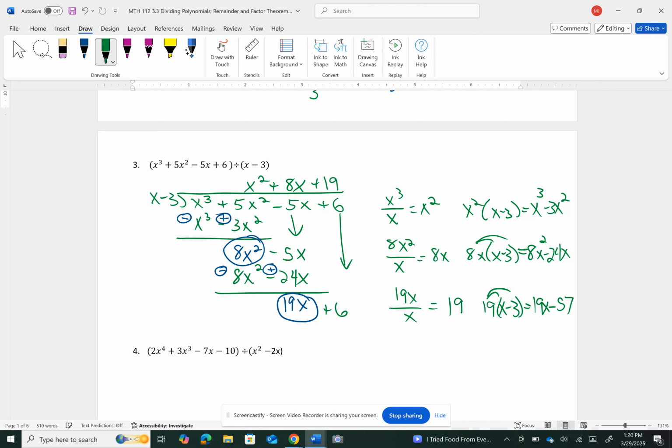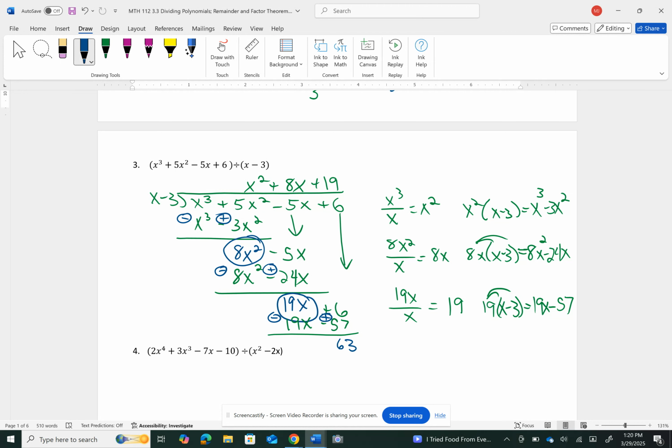So 19x minus 57 goes right here. And now I'm going to do the subtraction step. I'm going to change those signs, and then 57 is positive and 6 is positive, so that would be 63 at that point.